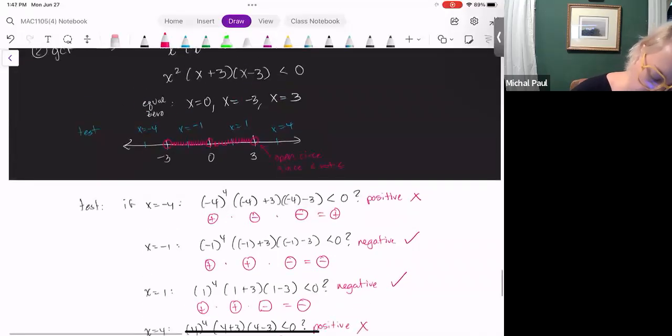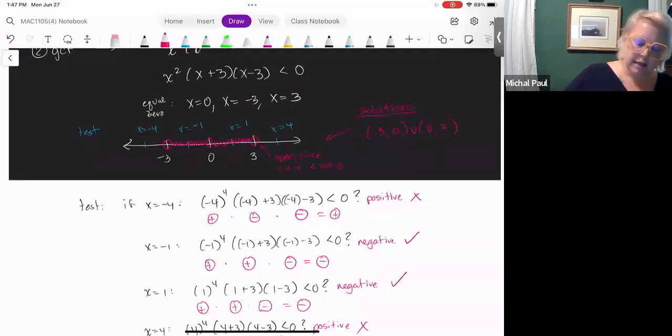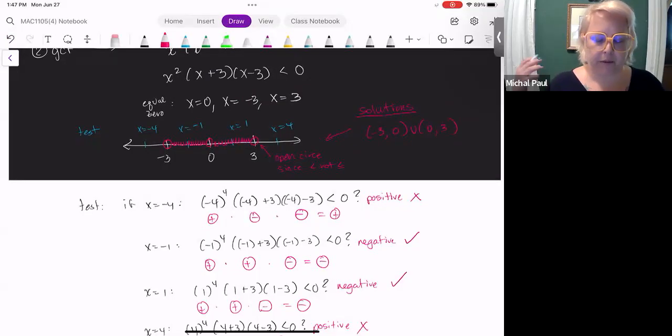Which means that my solutions are just when x is between -3 and 0, and when x is between 0 and 3. Not including any endpoints. This is basically the region from -3 to 3, but not the exact point 0.